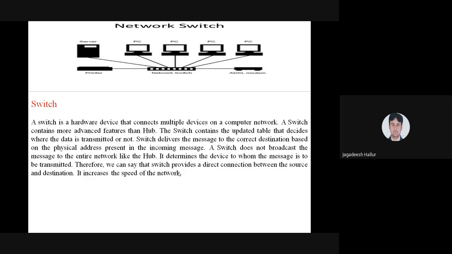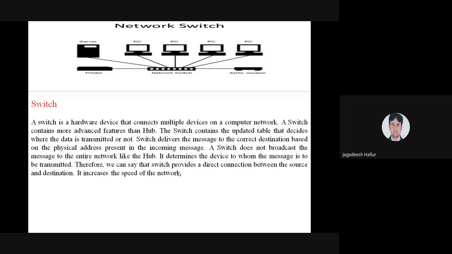Port numbers 1 to 4 and the MAC addresses A, B, C, D. Port 1 is connected to A, port 2 is connected to B, port 3 is connected to C, and port 4 is connected to D. It has not maintained this at the initial stage.